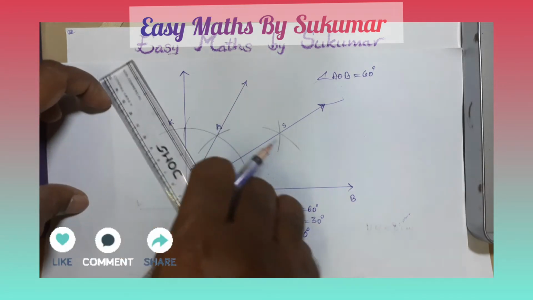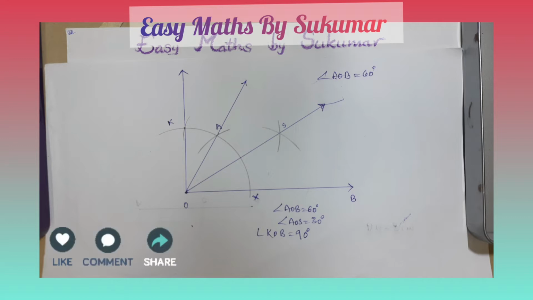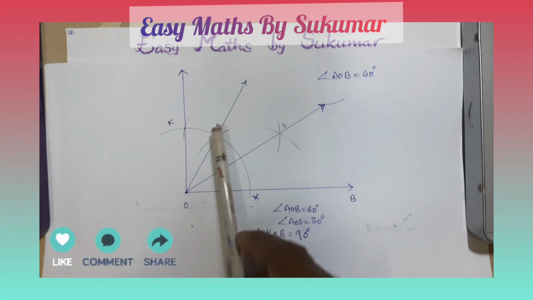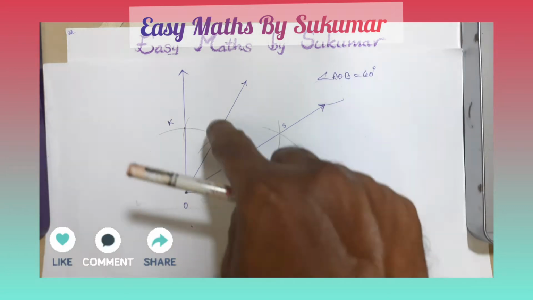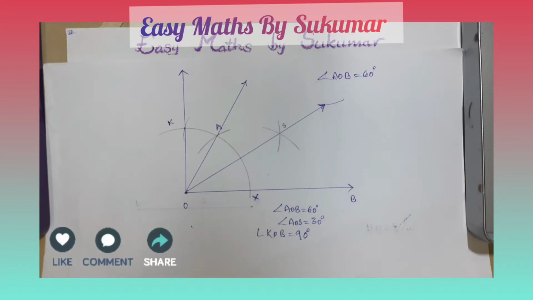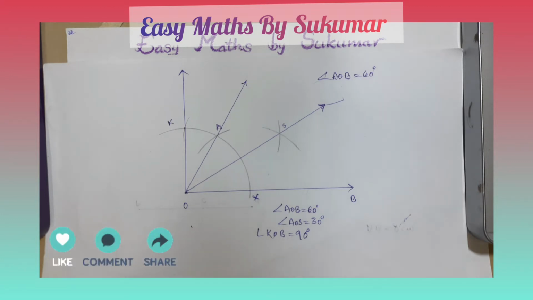Like that you can construct 120 degrees, 150 degrees, 180 degrees, 210 degrees by using this angle AOB 60 degrees. If you know how to construct this angle AOB, then it is very easy to draw the remaining angles like 30, half of 30 also we can draw, that is 15 degrees. Half of 15 also you can draw by using this angular bisector.